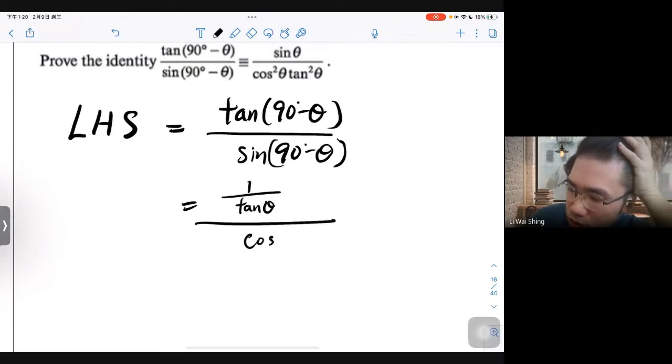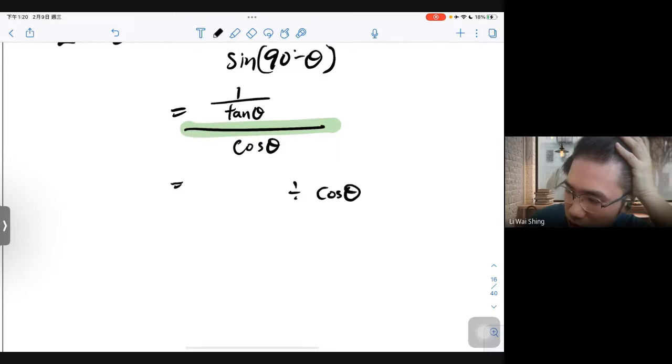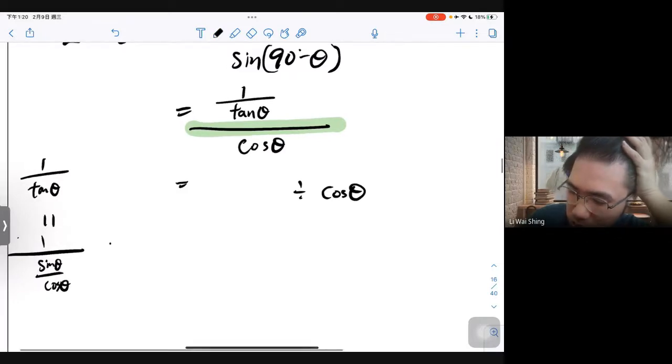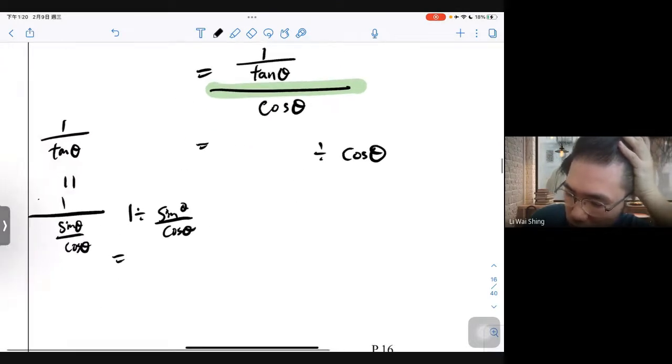Over cosine theta. So the longest line, change it into a divide sign. 1 over tangent theta, 1 over sine theta over cosine theta. 1 divided by sine over cosine theta: dividing by a fraction, flip it upside down.